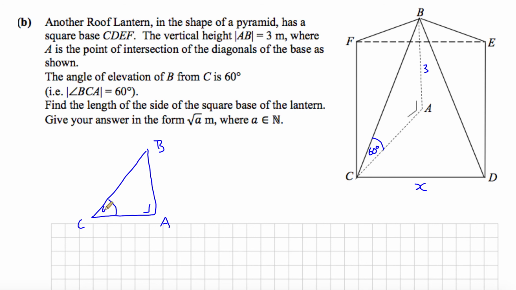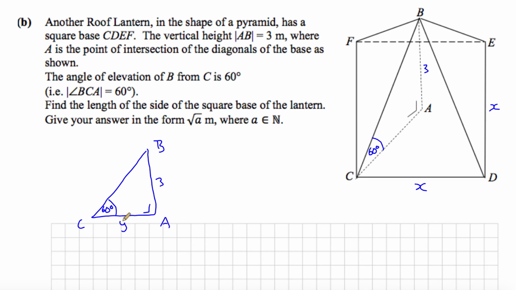I know this is 60, and I know that this side here is 3. So if I can find AC, I'm just going to call this y. If I can find AC, I can double it to have CE, and then I can look at this triangle ECD, and that's x, and remember this side here will be x as well.